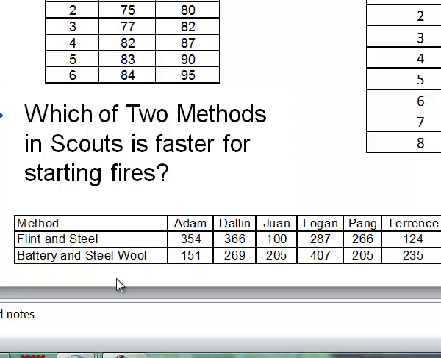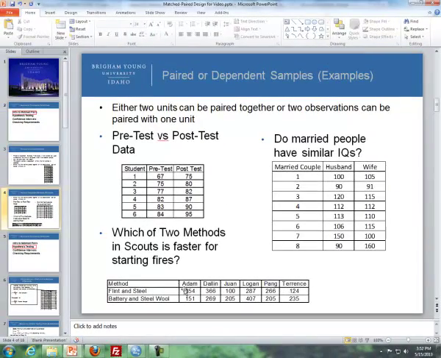There's flint and steel, and there's battery and steel wool. So what we can do is that we can take these 6 Scouts, we can time them to see how fast they can start a fire in seconds in terms of flint and steel and battery and steel wool. So these are 3 examples of where it's either two units can be paired together, like this example where the husband and wife are paired together, or there's 2 measurements like pretest and post-test, or flint and steel, and battery and steel wool from one person.